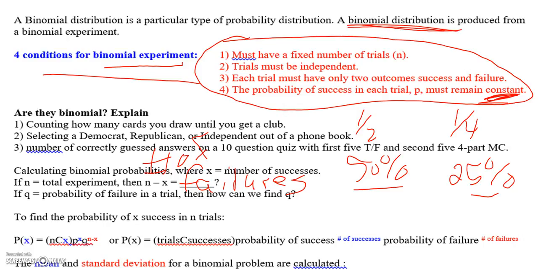Well, if Q stands for the probability of failures, how can we find Q? What would Q equal?